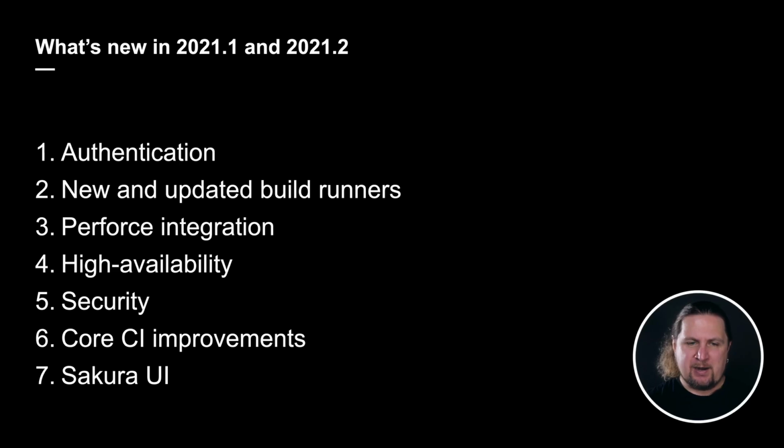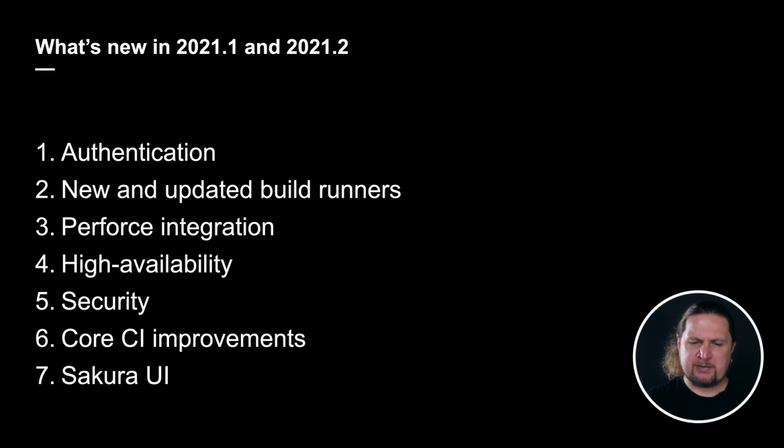So let me quickly run through what we've covered today. Authentication: there are new external services and two-factor authentication. New build runners: Node.js, Kotlin script, and C# script. A lot of great improvements for the Perforce integration. New high availability and security features.